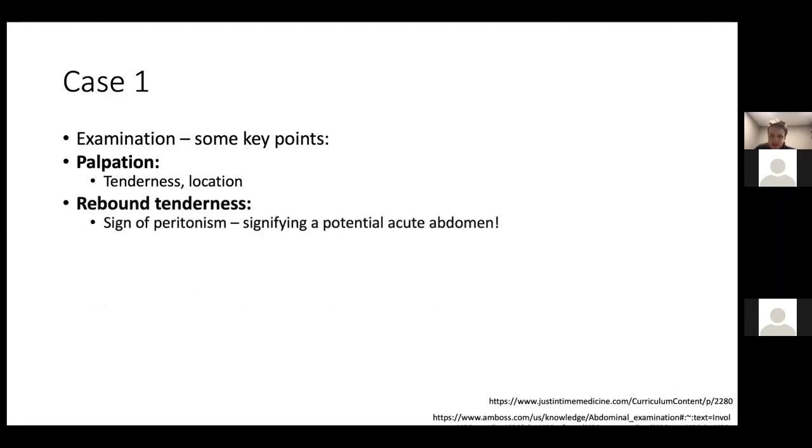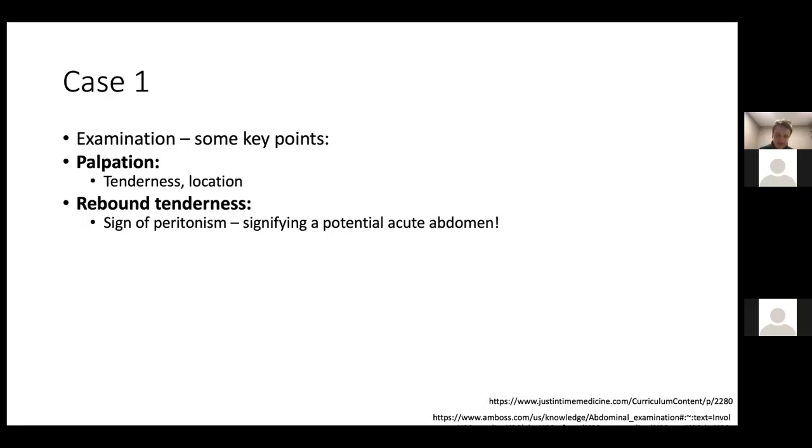Rebound tenderness, I'm sure you've heard of this. It is when you palpate and you release your hand quickly, and that causes tenderness. That's a sign of peritonism, and that can signify an acute abdomen, so something serious. You can get it in a number of abdominal conditions such as appendicitis.